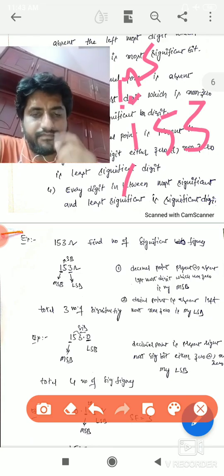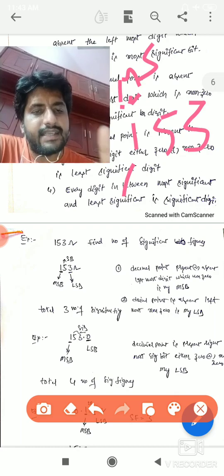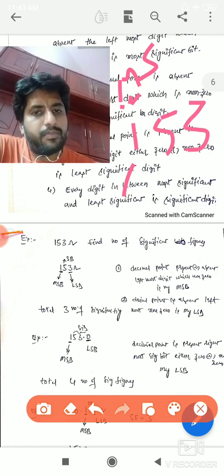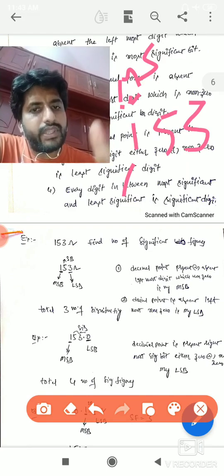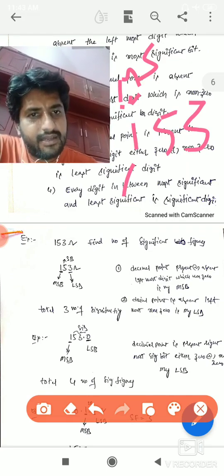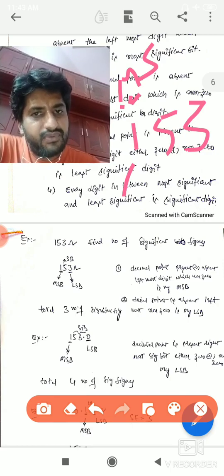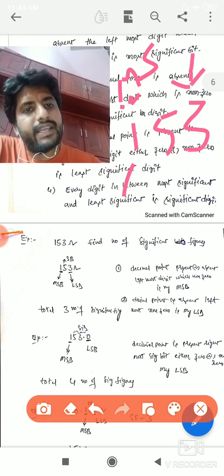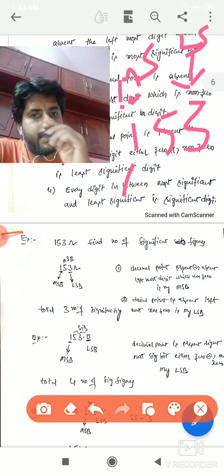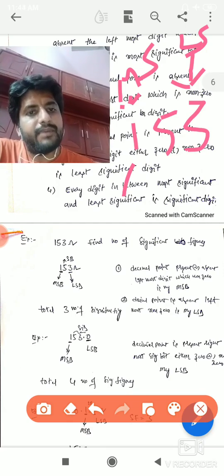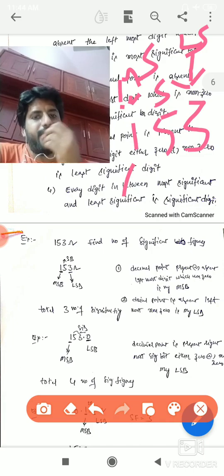Next, second thing: if the decimal point is absent, and here the decimal point is absent, the rightmost bit which is non-zero is my least significant bit. So this bit we call the least significant bit. The bits between the most significant bit and the least significant bit we call significant bits.